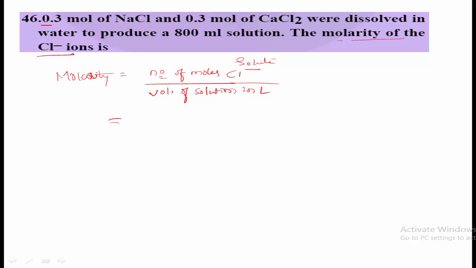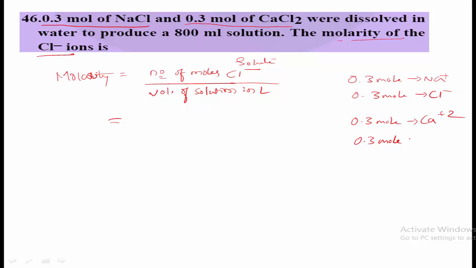Just see here, 0.3 mole of NaCl. It means 0.3 mole of Na ions are there and 0.3 mole of Cl minus ions are there. And similarly, 0.3 mole of CaCl2. Here also you can write it as 0.3 mole of Ca plus 2 ions are there and Cl minus ions.